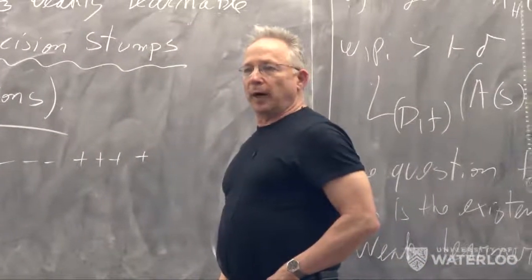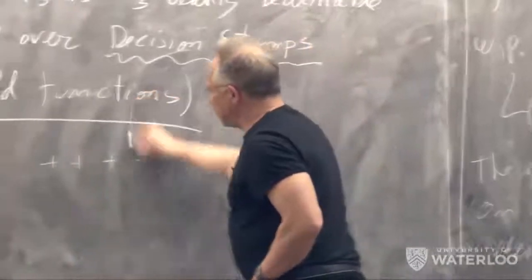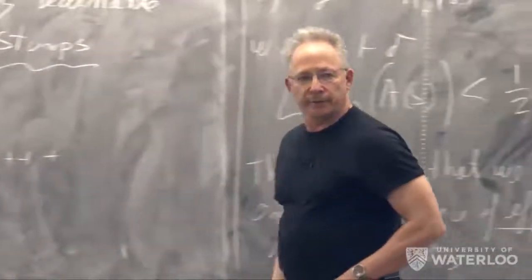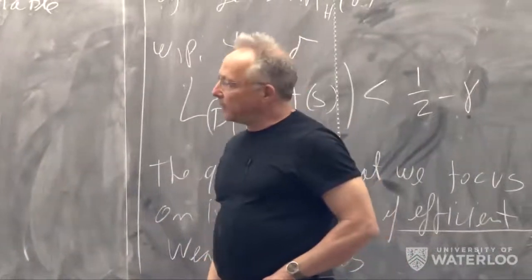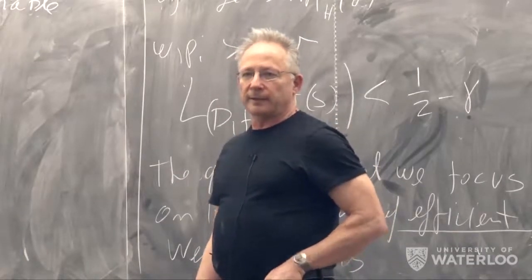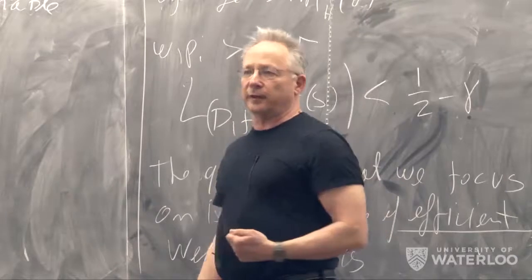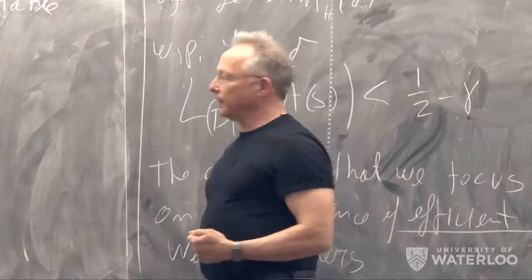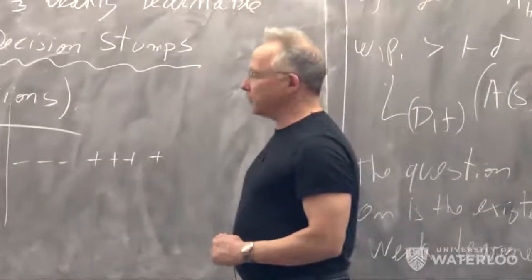Now I want you to output just a threshold function. And I want to claim that there exists a threshold function such that the error of this threshold function is at most how much?